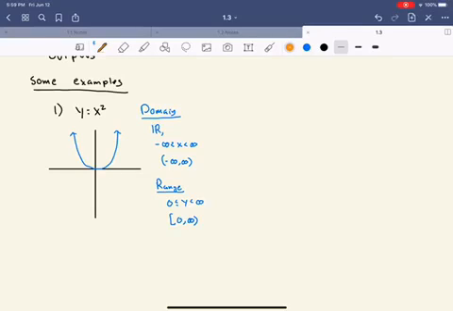So parentheses, the end value is not included. With a bracket, the end value is included.